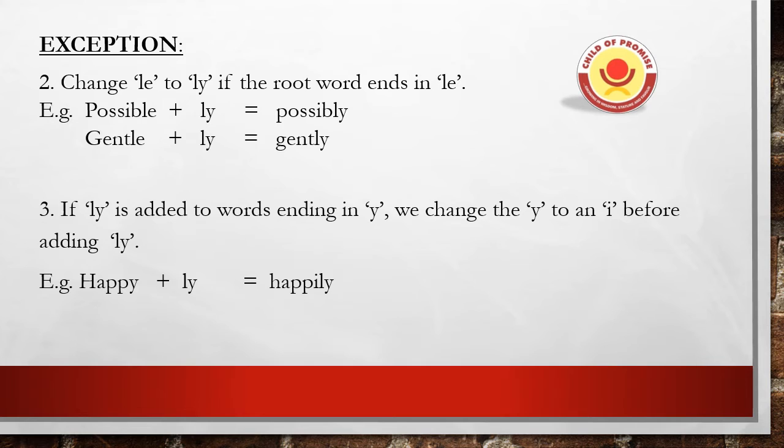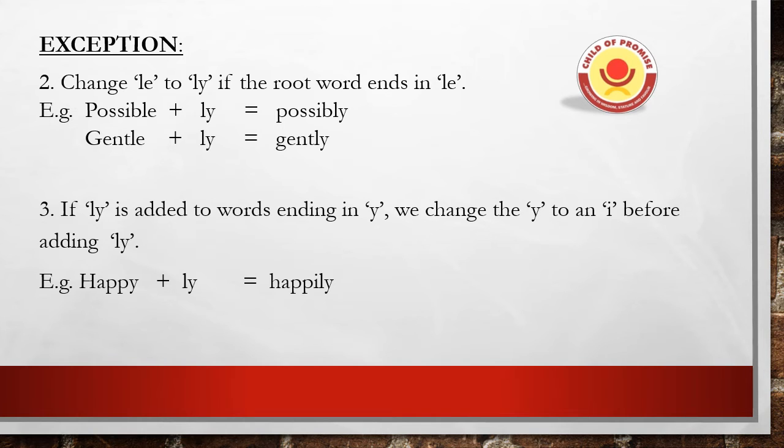So we change LE. If a word ends in LE, we change the LE to LY. If the root word ends in LE, for example, you see possible, it ends in LE. So we change that LE to LY.